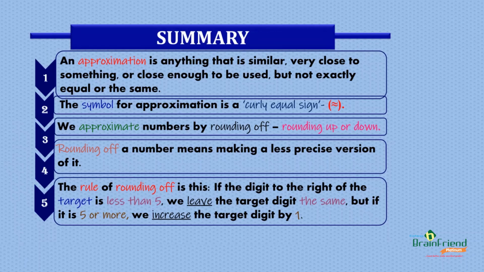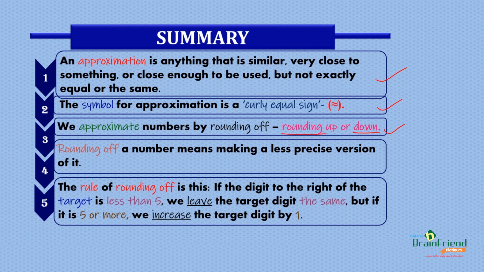But before you go, let us look at all we've learnt in a summary. First, we learned that an approximation is anything that is similar, very close to something, or close enough to be used, but not exactly equal or the same. We also learned that the symbol for approximation is a wavy equal sign. Thirdly, we learned that we approximate numbers by rounding off, and it involves rounding up or rounding down.